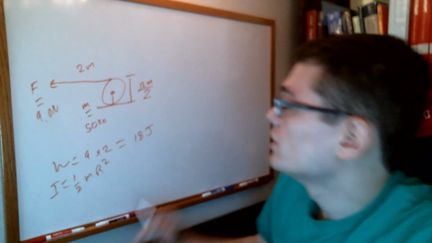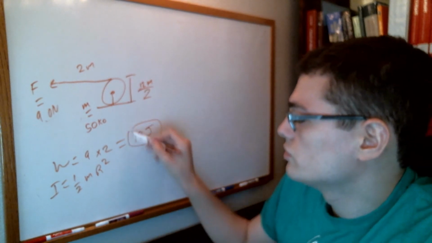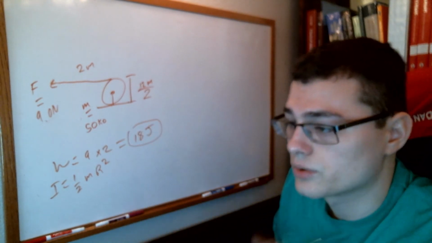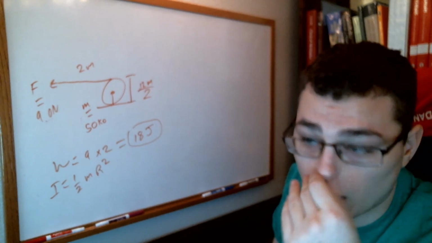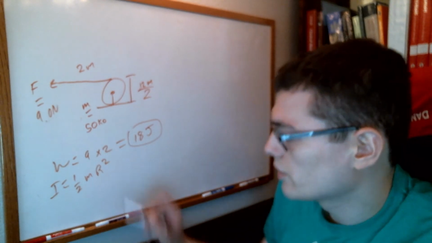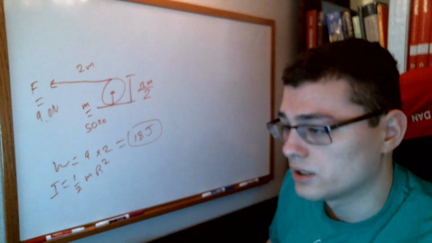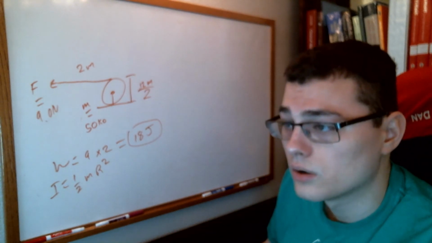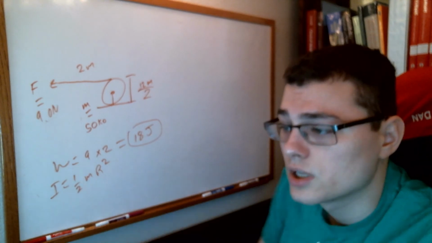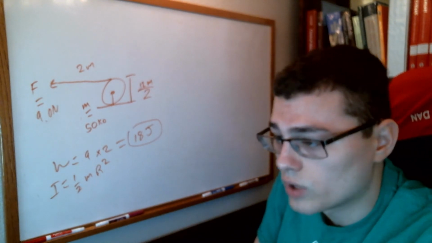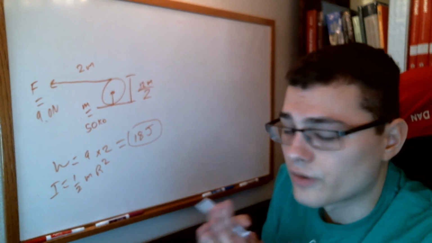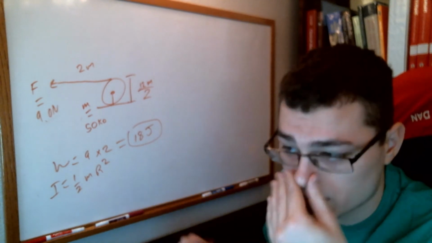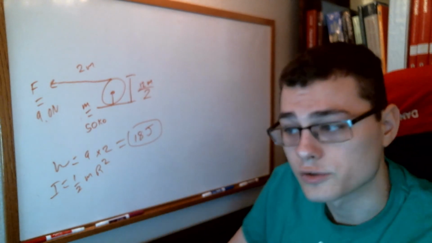We know that our work is going to be 18 joules, and we know that our kinetic energy is going to be equal to 1/2 I omega squared. So we've already found what I is as an algebraic quantity, and so we just then have to solve for omega, which is the speed at which this unwinds. And from there we can multiply by the radius of the disk, and then we can find the cable speed.